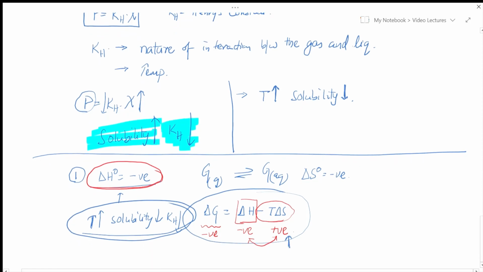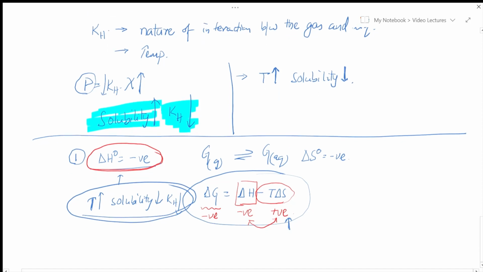In a different case, if you are considering the same couple, so that KH is fixed, and then you're changing the temperature, then as you increase temperature, the solubility of a gas will decrease, and so KH decreases as well.